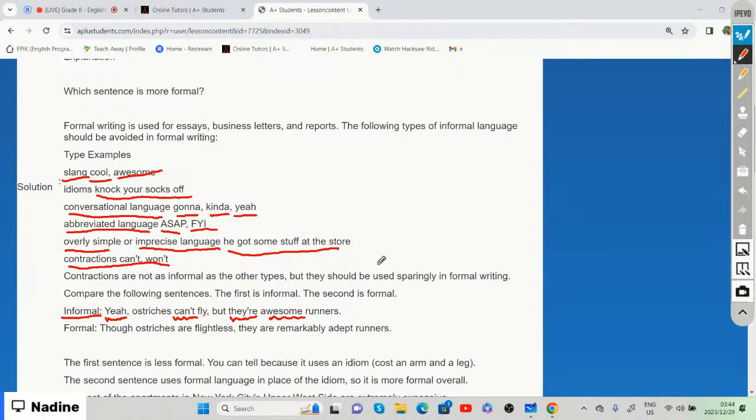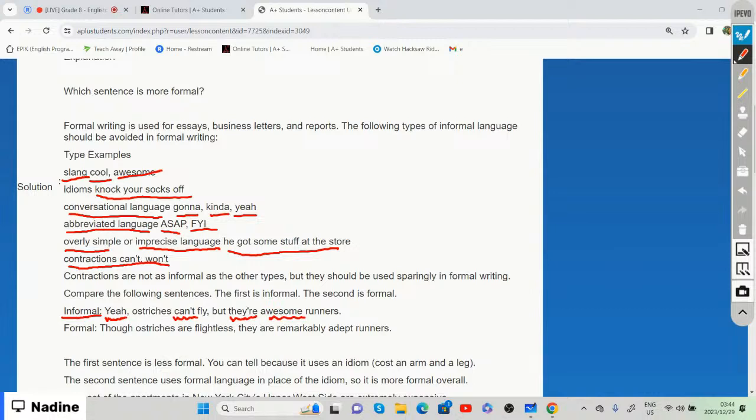And that is why they said certain contractions, right? It is not as informal as other types, but we should use it sparingly. Not all the time. Like you see in one sentence, you have can't and you have there. So you basically have two contractions in one sentence, and that actually makes it informal.